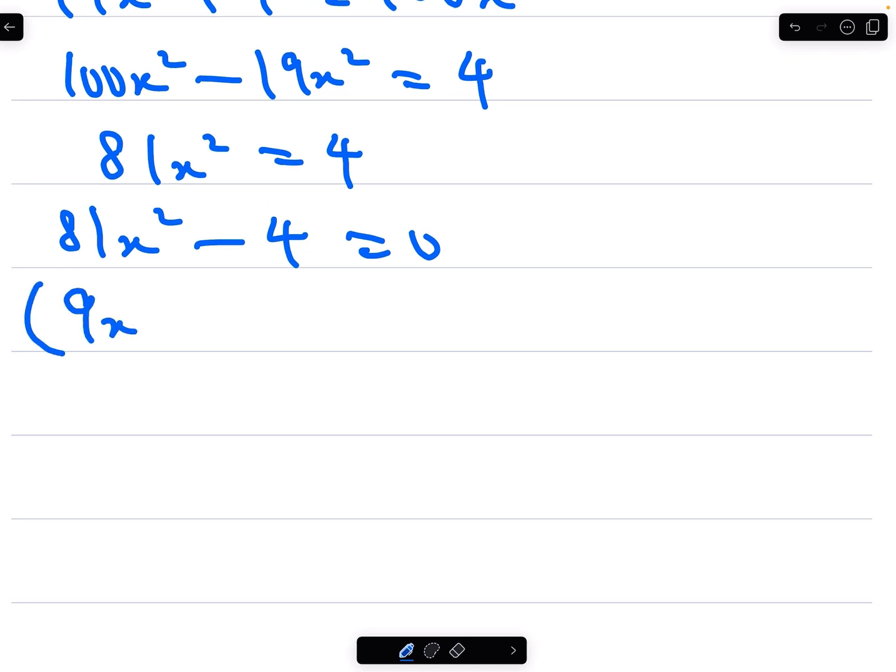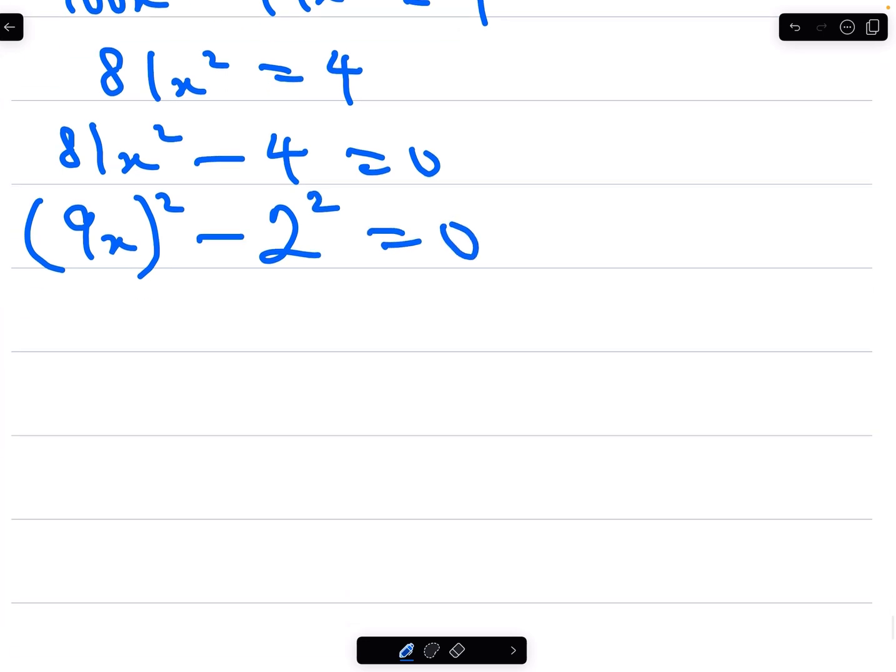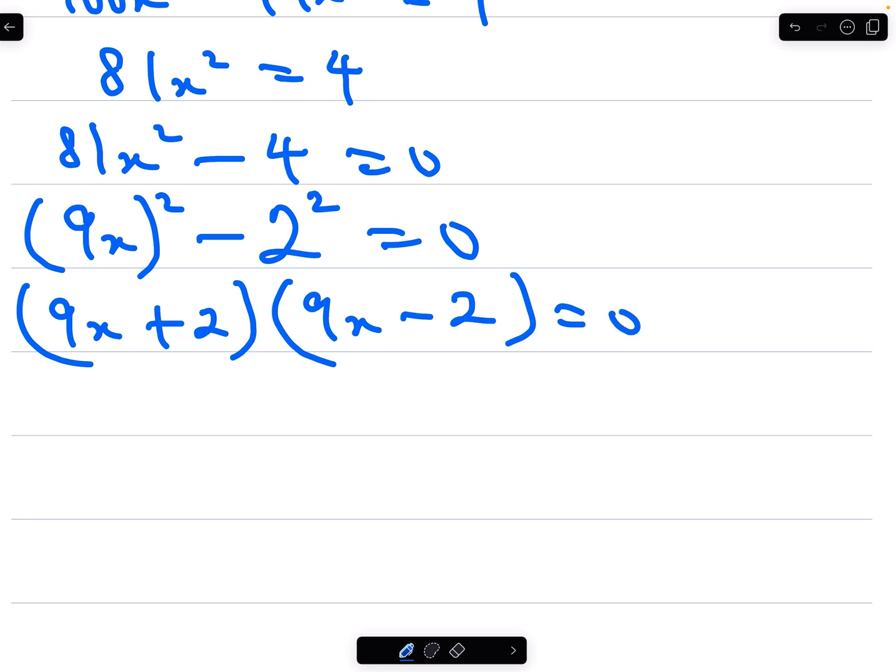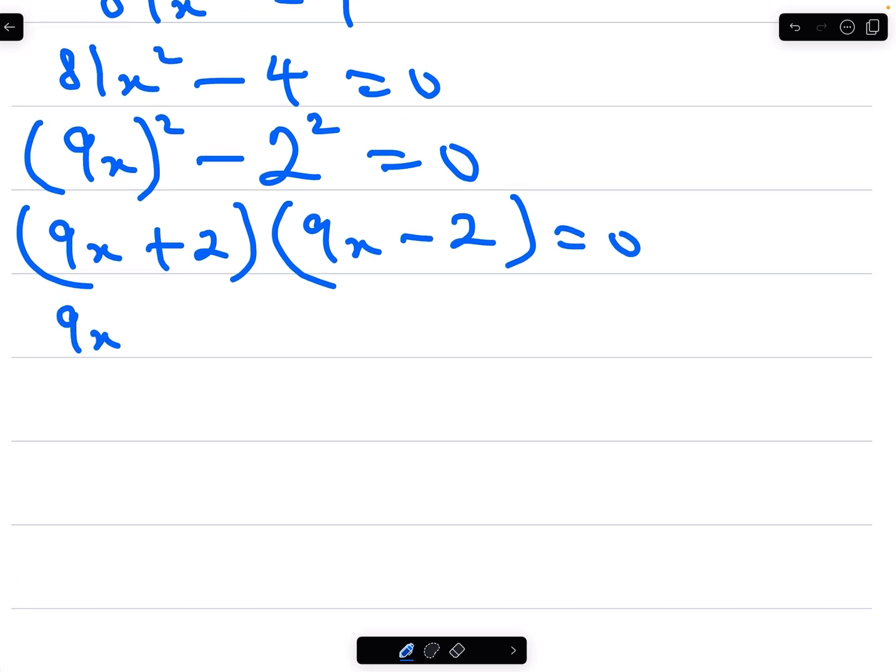When you solve a quadratic equation, you should get two solutions. The square of 9x is the same as 81x squared, and we can see that this is a difference of two squares. So that simply means 9x plus 2 times 9x minus 2 equals 0, which means 9x plus 2 equals 0, or 9x minus 2 equals 0.